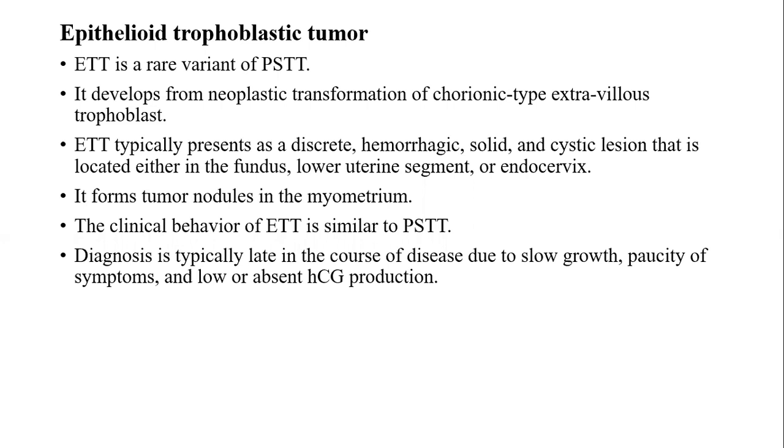It forms tumor nodules in the myometrium, and the clinical behavior is similar to that of PSTT. Diagnosis is usually late in the course of disease due to the slow growth, paucity of symptoms, and low or absent HCG production.